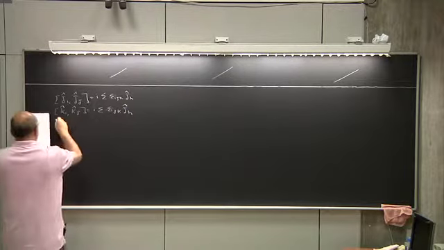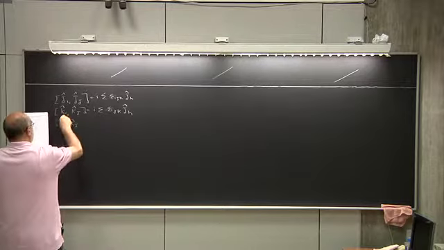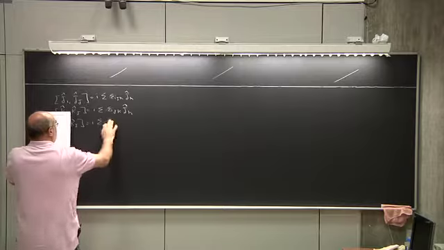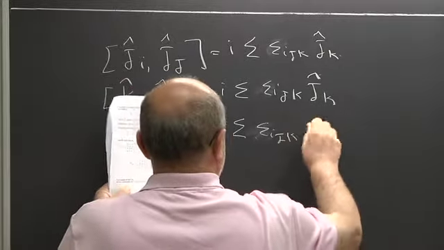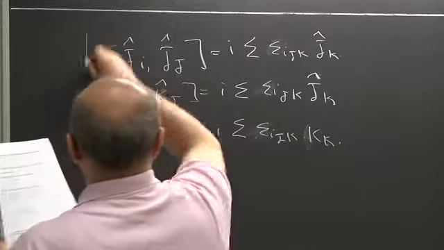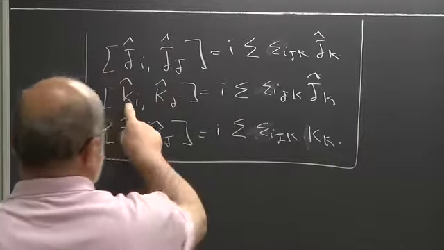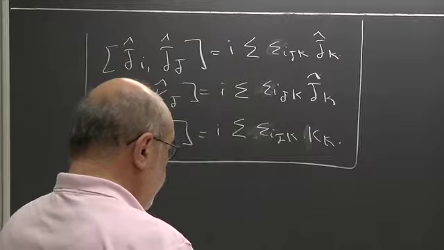We did not derive this, but of course it is possible to derive it. Okay, so this is the full Lorentz algebra. These are the generators of the boost, the K, and the J, the generators of rotation.